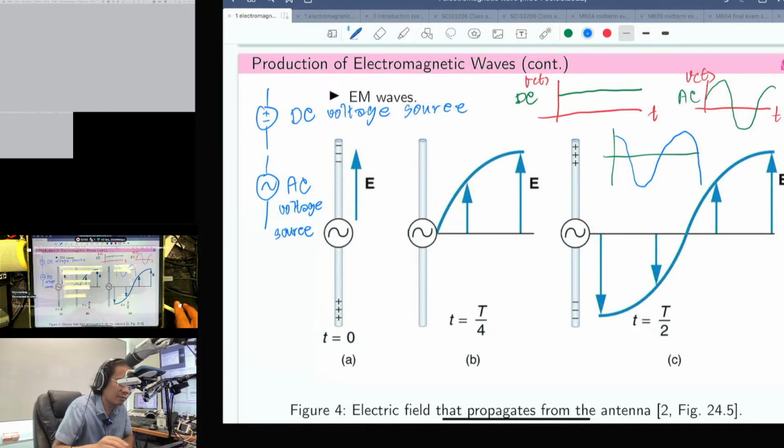At t equal to 0, we are here, right? When t is equal to capital T by 4, capital T means the period. T represents the period.